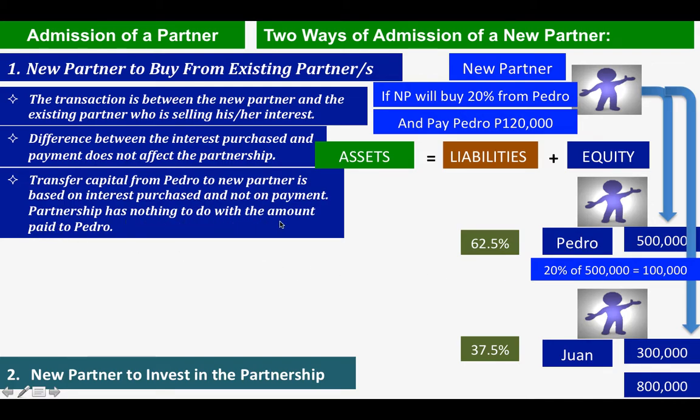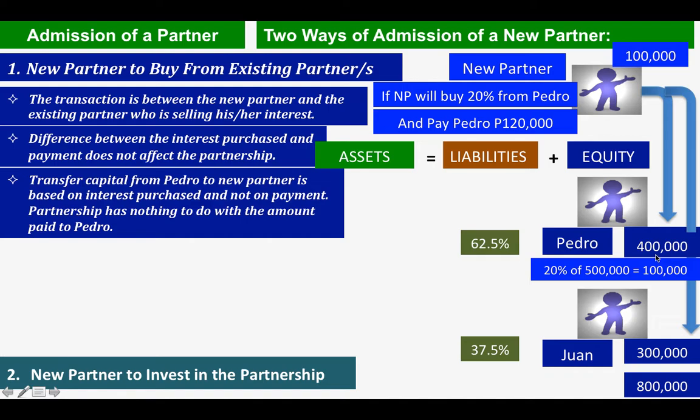The partnership has nothing to do with the amount paid to Pedro. Remember that, class. The partnership has nothing to do with the amount paid to Pedro. So in this case, the excess of 20,000 is on the personal account of Pedro. The partnership has nothing to do with that. In this situation, we will be transferring 100,000 to the new partner, and Pedro's capital will now only be 400,000.